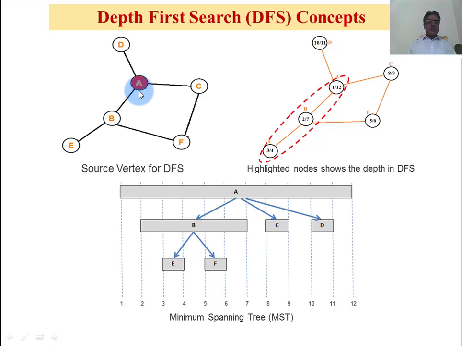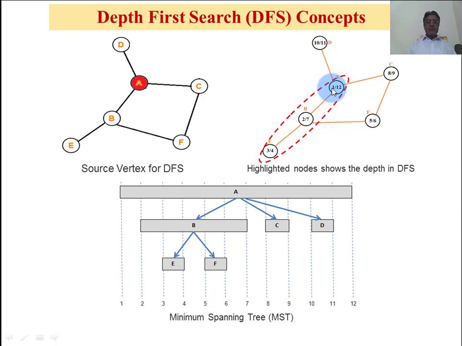Source vertex for depth first search. A is the source vertex, and here the highlighted nodes show the depth in the depth first search. In depth first search algorithm, this shows the depth. Here you see we have some values. Instead of these A, B, C locations, we have inserted A, B, C, D, E and F outside the circle, and in the circle we have some numbers in the form of a fraction.